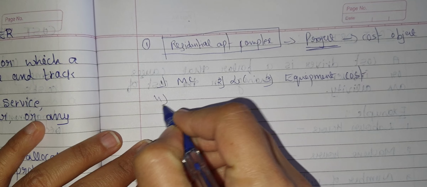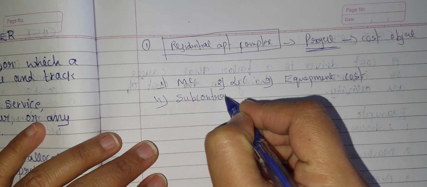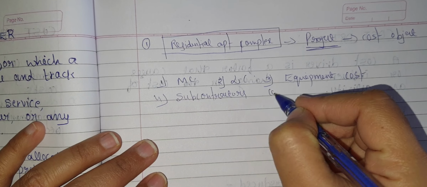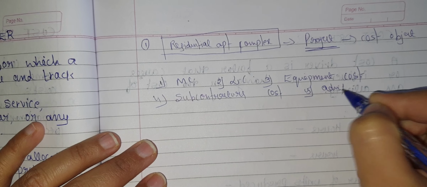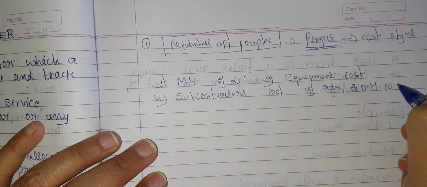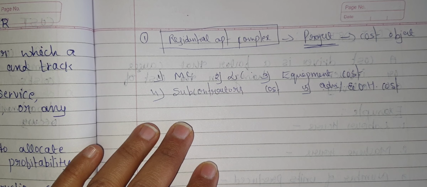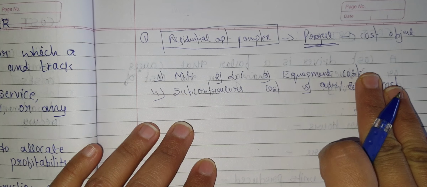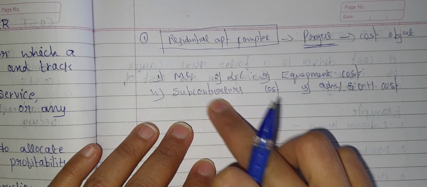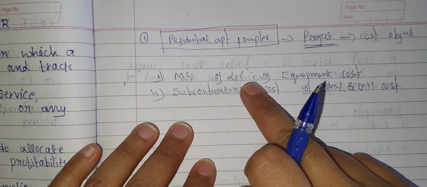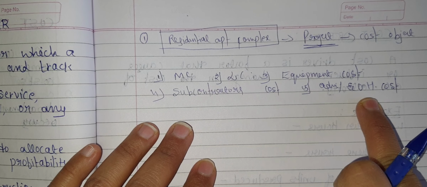These are all the costs the company needs to track: material cost, labor cost, equipment cost, subcontractors cost, and administration and overhead cost.